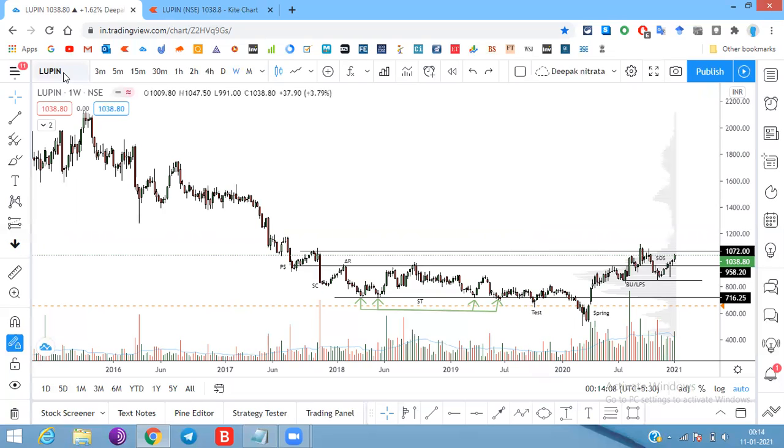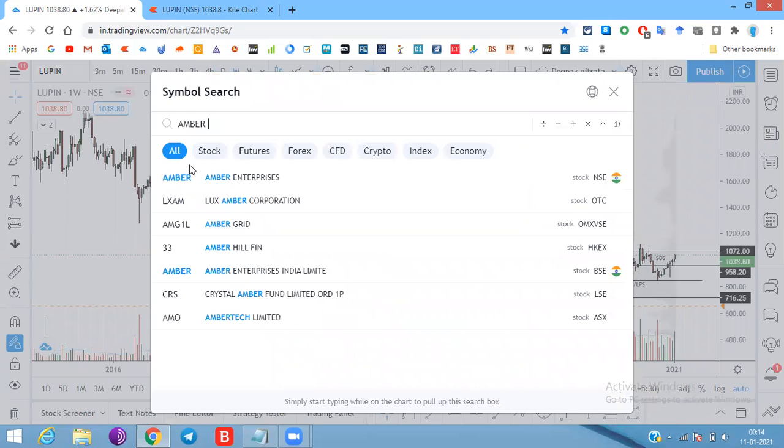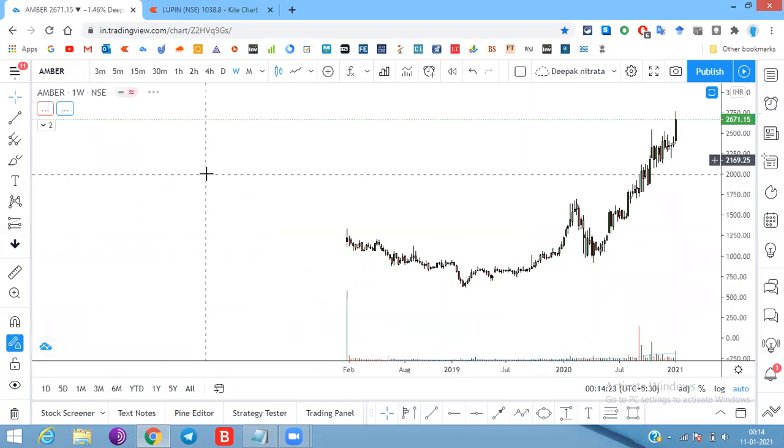Let's take an example of Amber Enterprises. Perfect. One second, guys, it's loading.